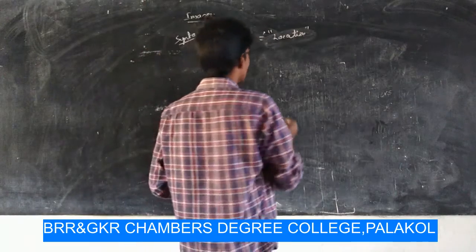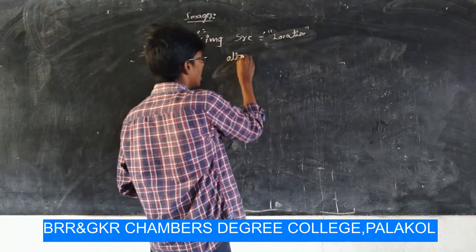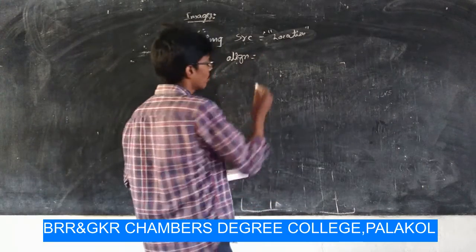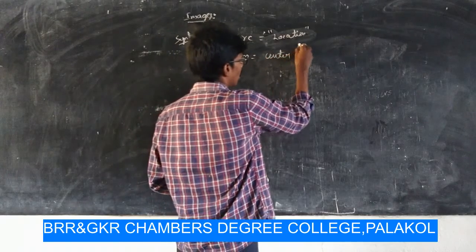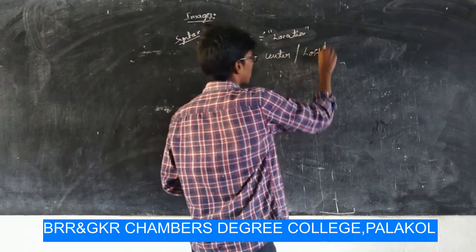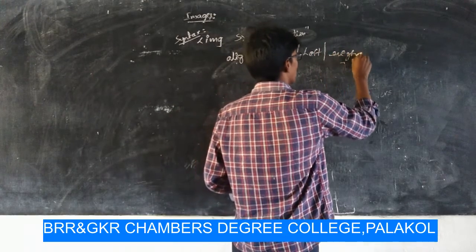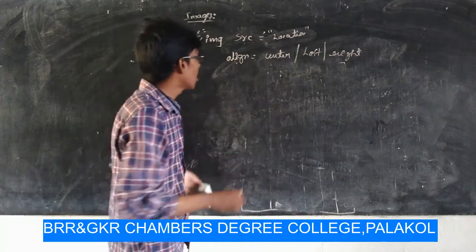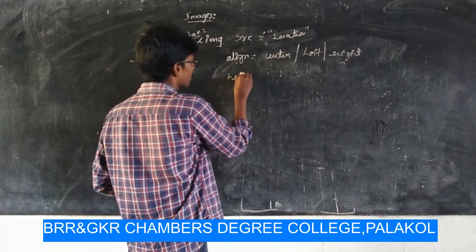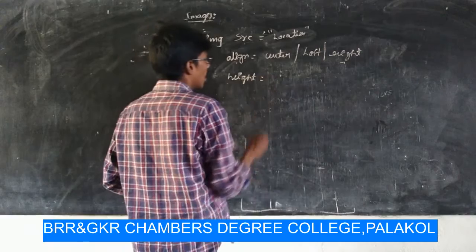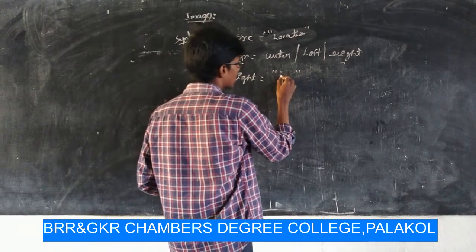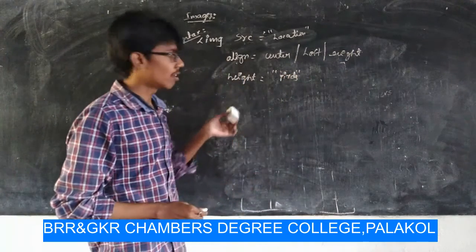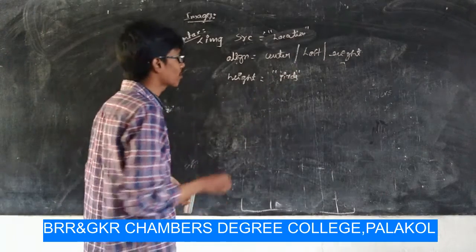After that, there is a list of attribute values. The alignment of the picture in the document can be center, left, or right. Another is height, mentioned in pixels, and based on this the image is displayed in the web document.